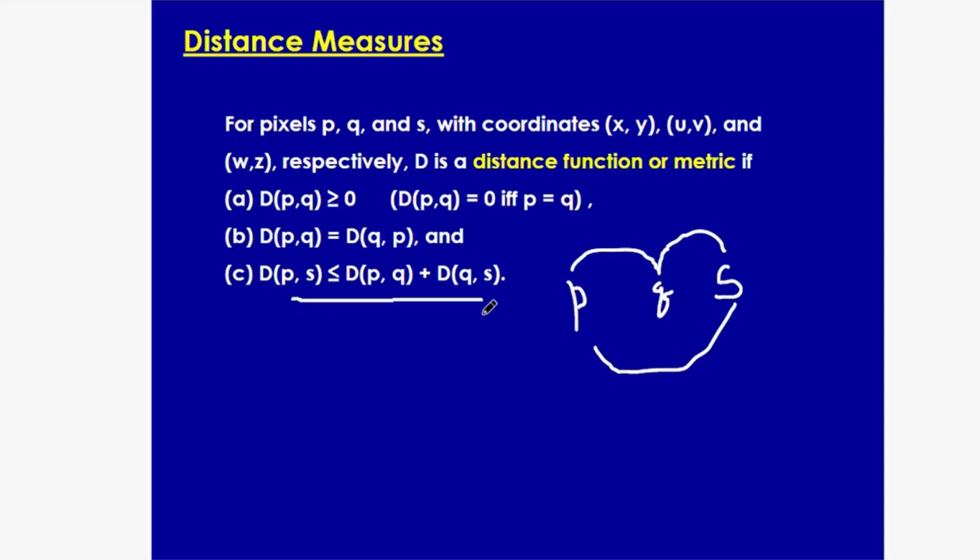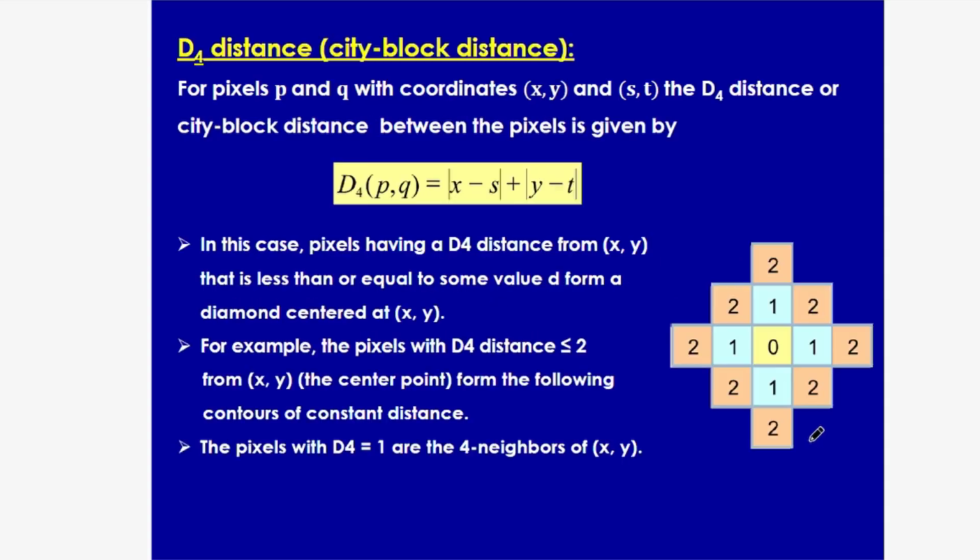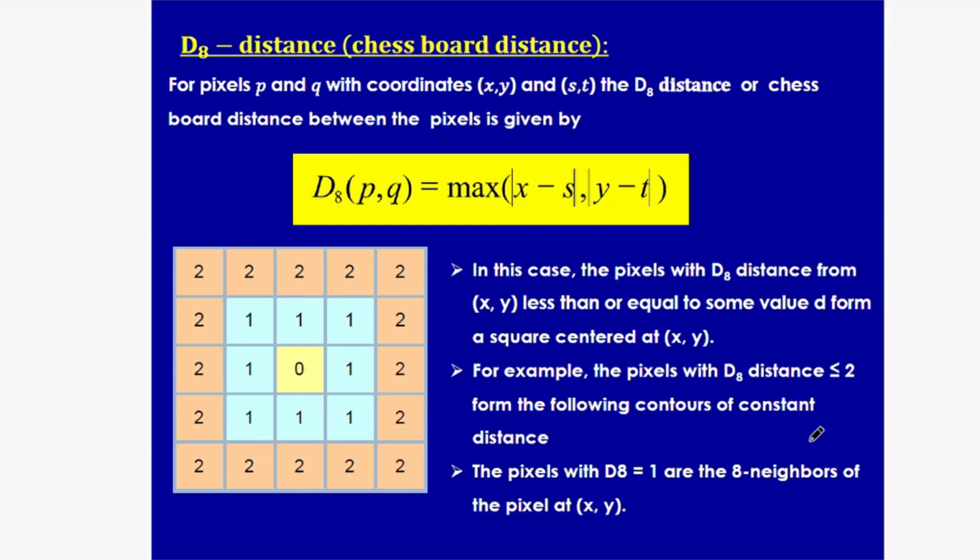That is the third point. Now, you have 3 types of distance metrics: Euclidean distance, D4 distance or city block distance, and D8 distance.